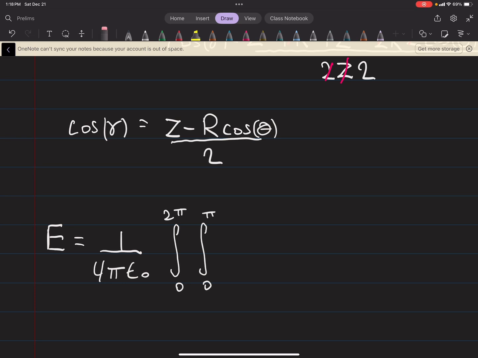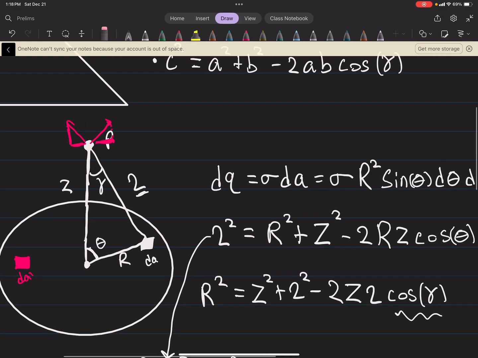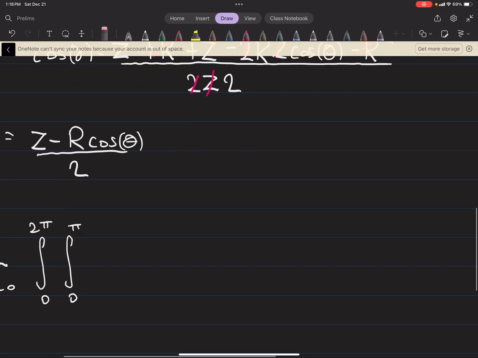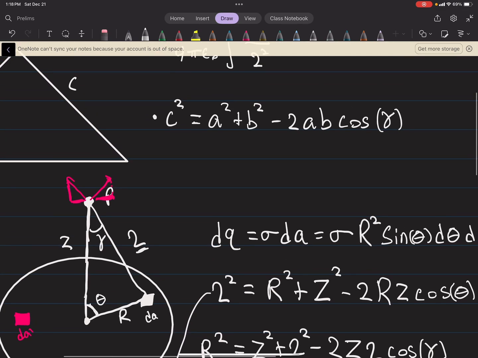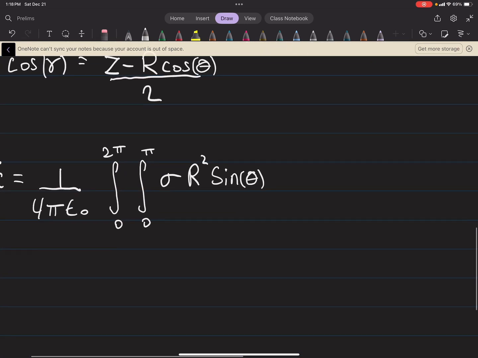So we have our dq, which is sigma r squared sine theta. There's the differentials, but we'll put that at the end. Then we're not doing our r hat, we're multiplying by cosine.